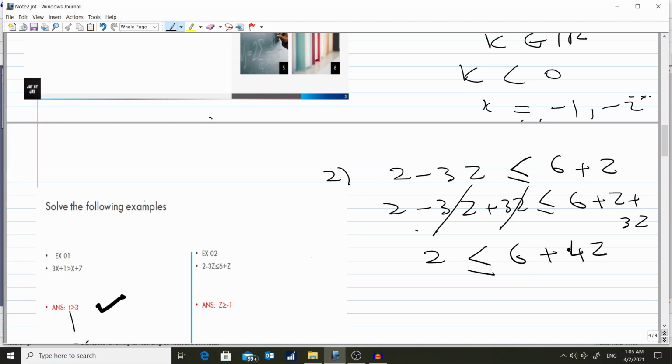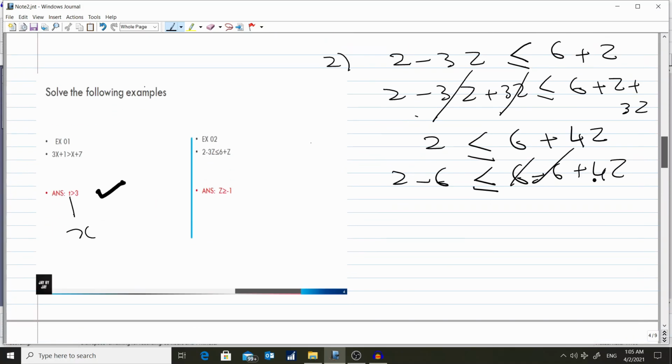So again we need to isolate the z terms on one side. Due to that we have to subtract 6 from both sides. Here 2 minus 6 less than or equal to 6 minus 6 plus 4z. Therefore the 6 terms will be cancelled out here. So we will get 4z greater than or equal to minus 4.